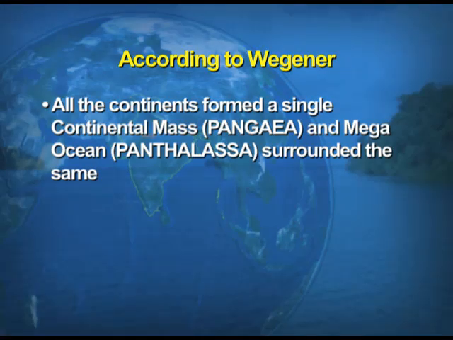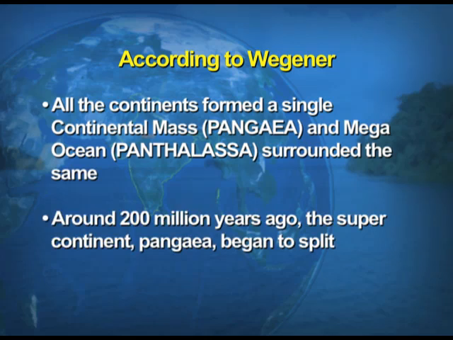According to Wegener, all the continents formed a single continental landmass known as Pangaea, and this was surrounded by a mega ocean which we call Panthalassa. Around 200 million years ago, the supercontinent Pangaea began to split.